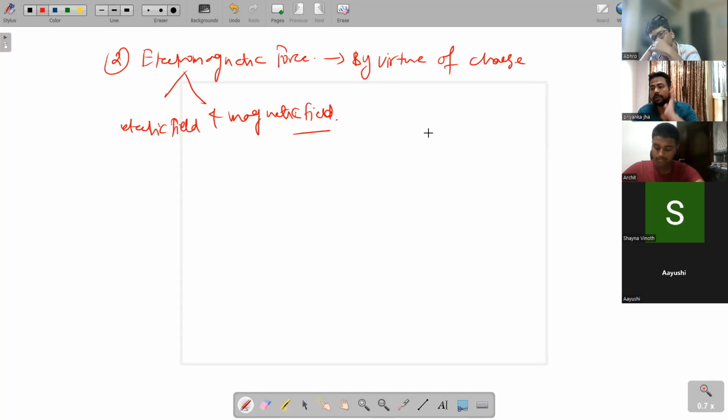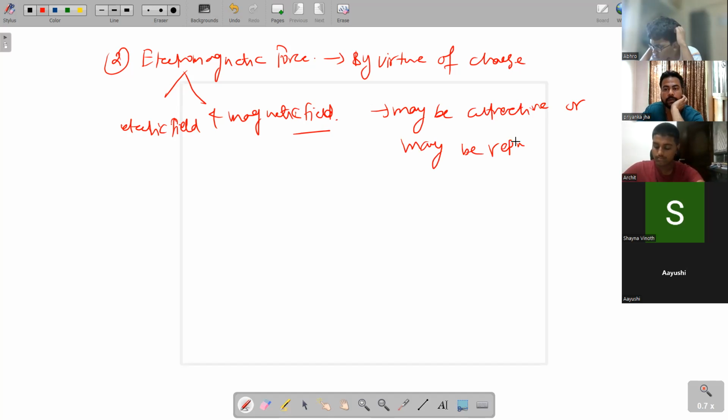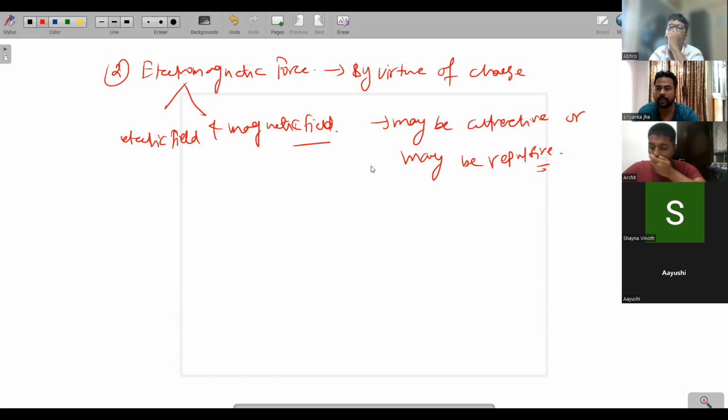So gravitational force is always attractive, but electromagnetic force may be attractive or may be repulsive, depending upon the nature of the charge. Same charges will repel each other, and opposite charges will attract each other.